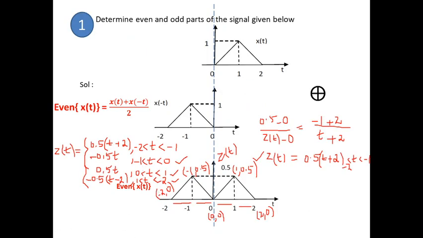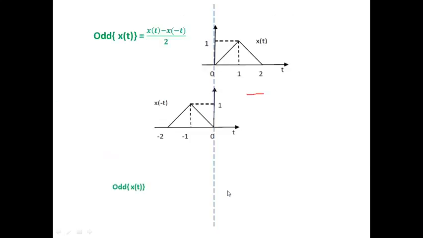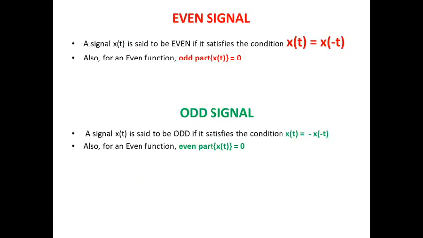I would also like to tell you that if you substitute any point between minus 2 and minus 1, when t equal to minus 2 you will be getting 0. When t equal to minus 1, you substitute and the amplitude is 0.5. So in these equations, if you substitute the values accordingly, you can cross verify whether the equations you have derived are right. Okay, I think we have seen more than enough about how to find the even part and odd part of the signal.